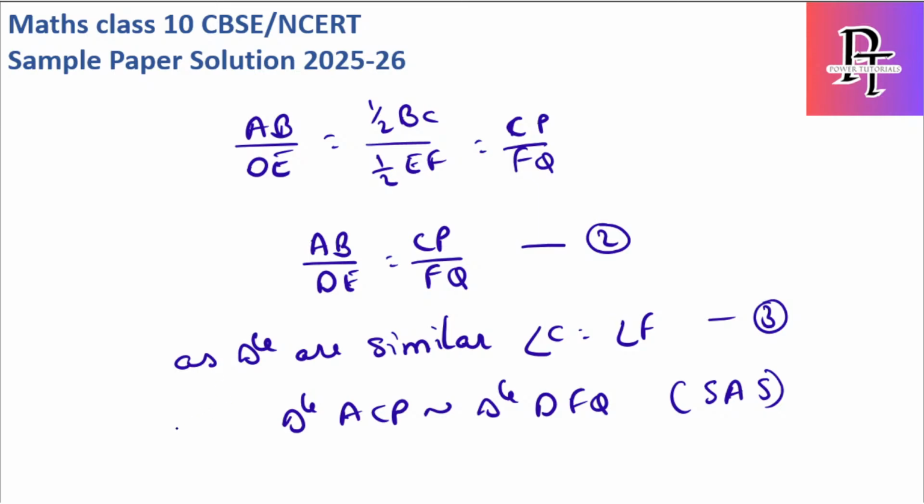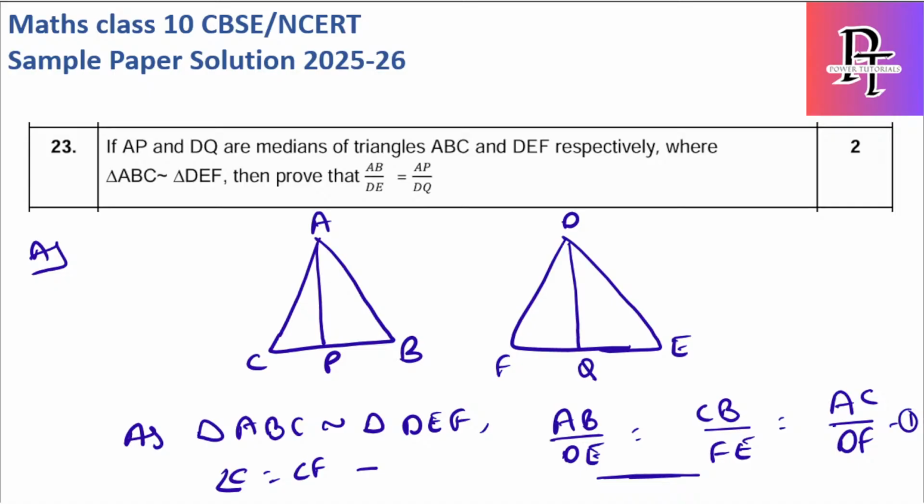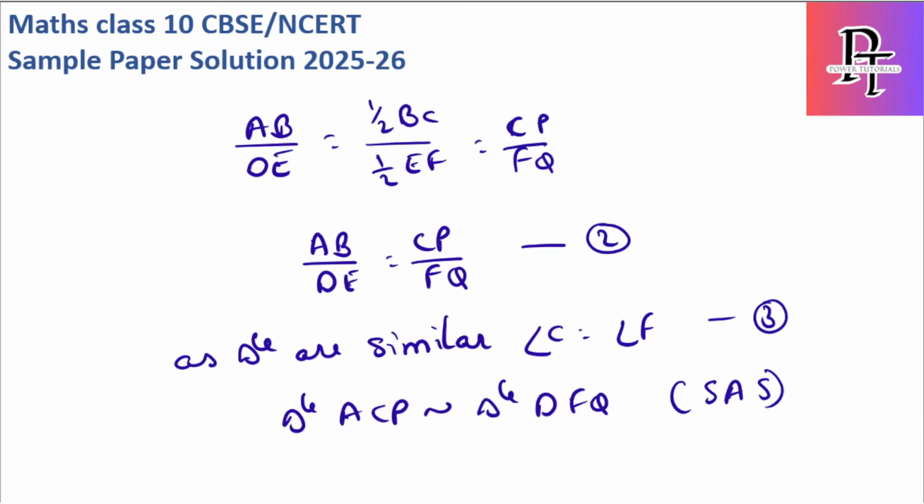Okay, so if triangles are similar, then their corresponding ratios are also equal, which is AB by DE. Okay, fine. So just a minute, we need to consider these triangles ABP and DEQ, not the left side triangles.